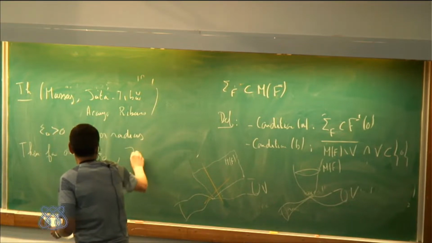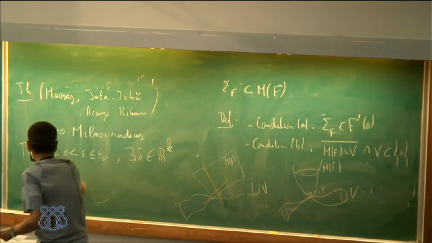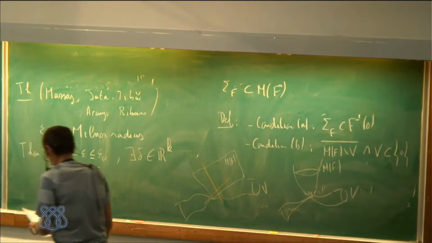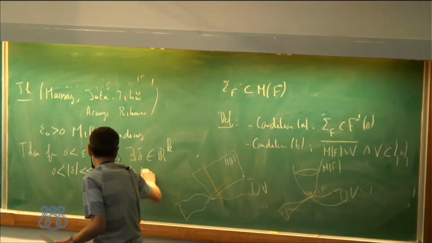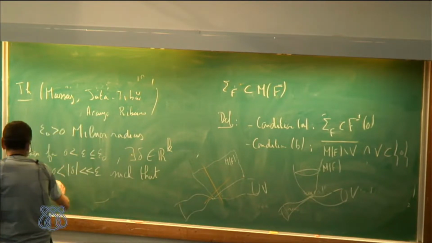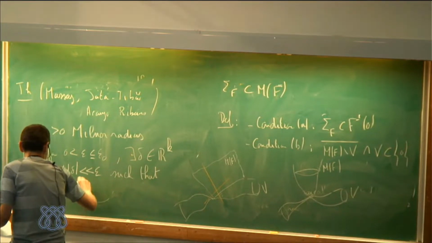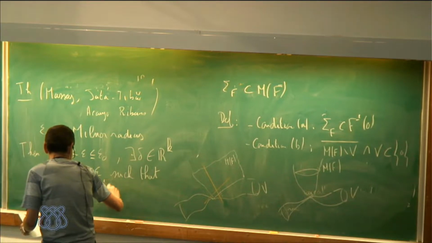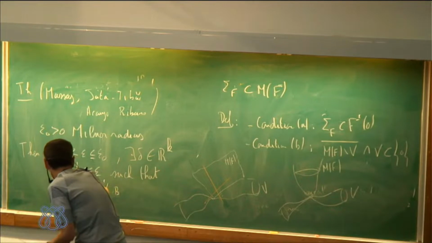So there is delta in R, delta positive, smaller than epsilon, such that capital F restricted to the intersection of the ball with the tube, puncture tube. So maybe here I put the dimension.